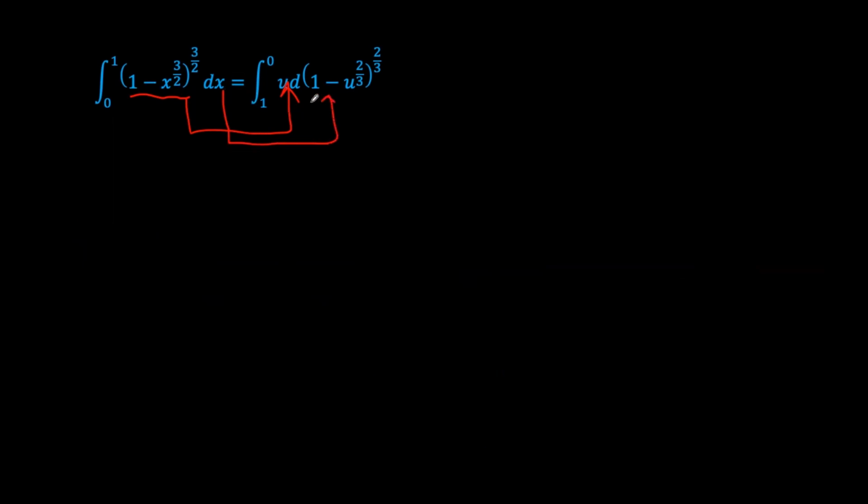Now we have an integral that's very interesting, but also the limits, we've flipped them because that's what you demanded of us. But now we have integration by parts, where we have u, and then we have this part, d of (1 minus u to the power 2 over 3) to the power 2 over 3.